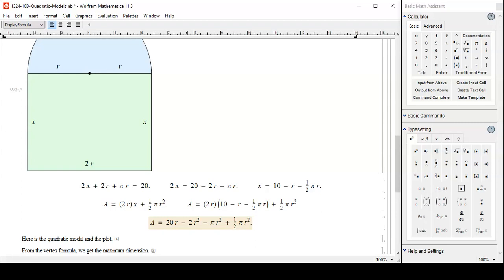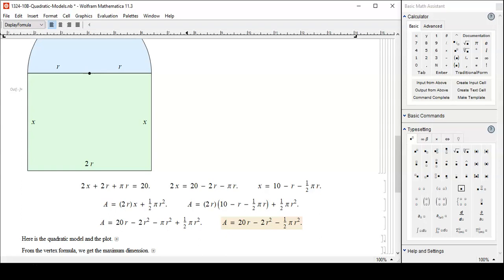Okay? Is there any kind of simplification? Looks like it. Negative pi r squared, positive half of pi r squared. So A is 20r minus 2r squared minus 1/2 pi r squared.